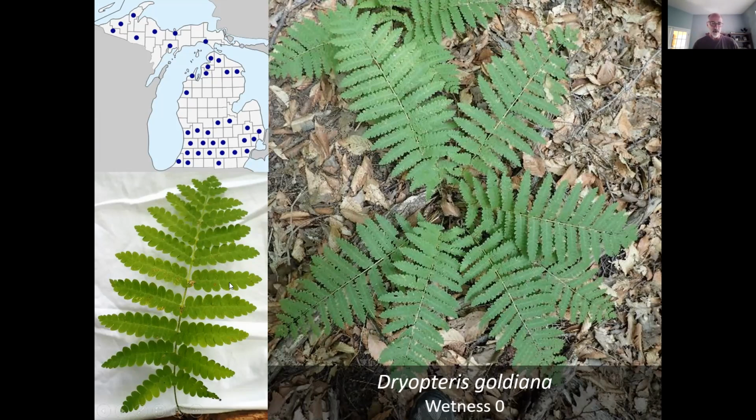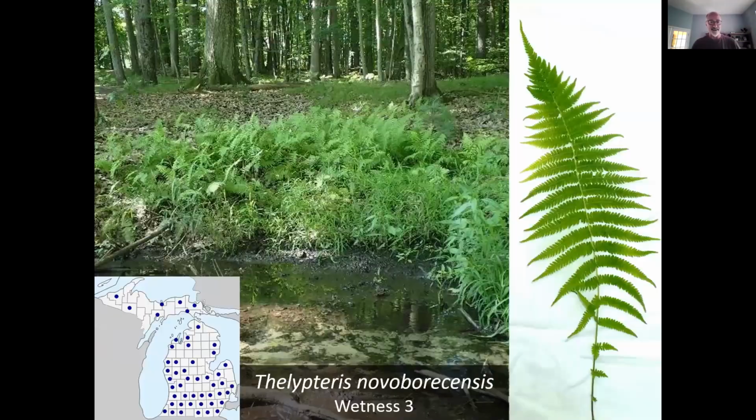I hope that's a good descriptor, right? They're broad and rounded. There's not much of a space between them. In fact, they'll even shingle a little bit over each other. Something very distinctive about the plump pinnules of Dryopteris goldiana. I'm trying to make this entertaining.